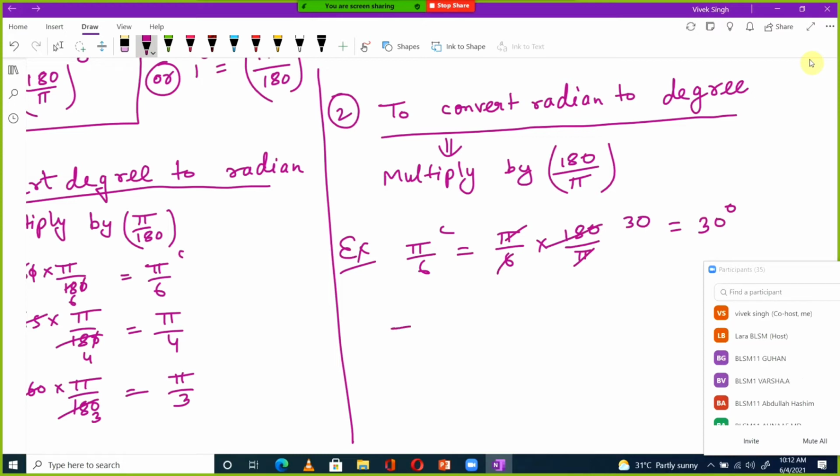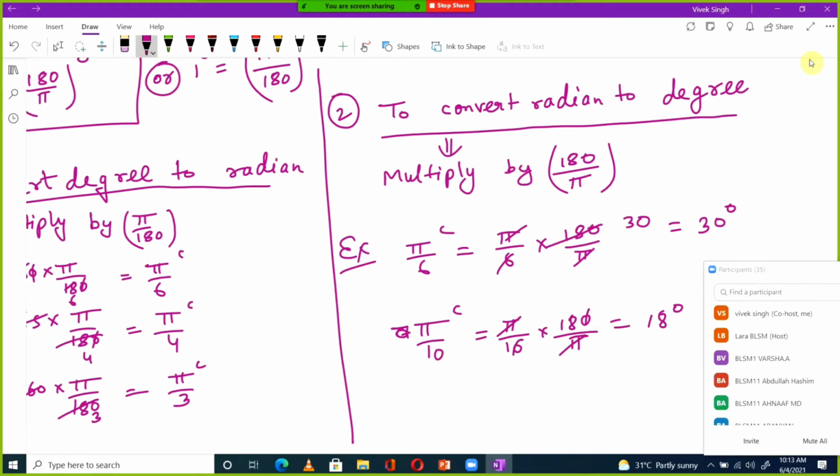Clear? Similarly, can you convert pi by 10 radian to degree? Please convert. Very good. So you write pi by 10 into 180 by pi. Pi will cancel out, 0 will cancel out, and you will get 18 degree.